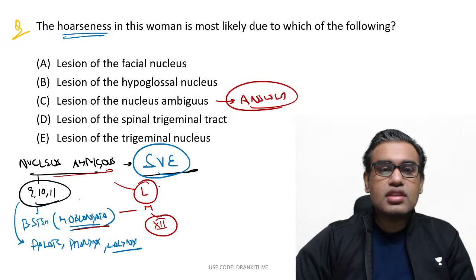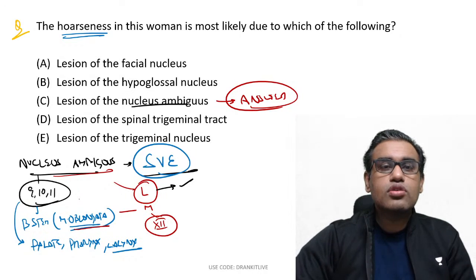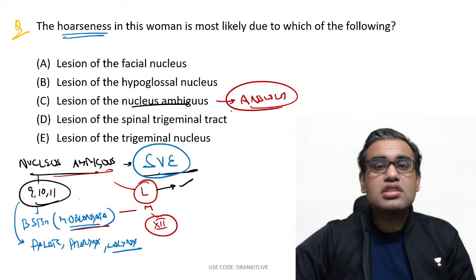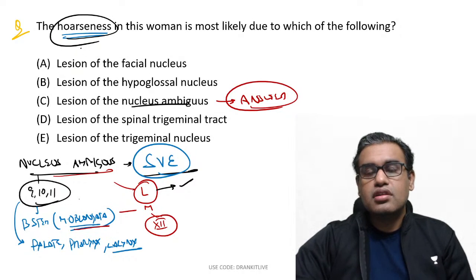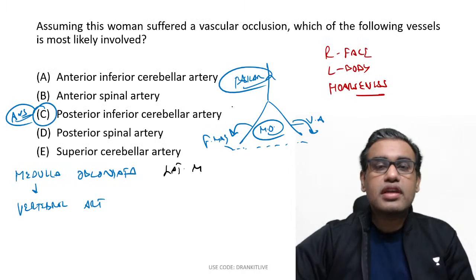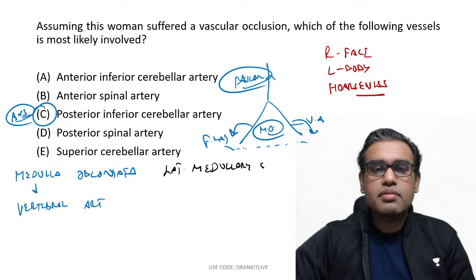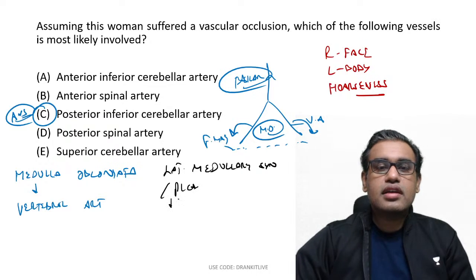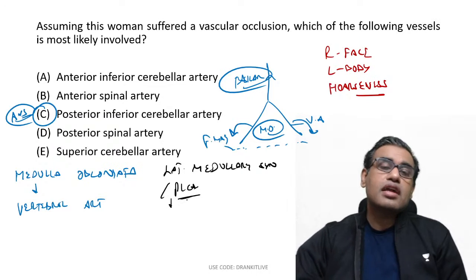We just discussed, where are these located? These are located on the lateral side of the medulla. Which nucleus? Nucleus ambiguus. Why lateral? Because she was having hoarseness in her voice also as a major symptom. So it was probably lateral medullary syndrome. Lateral medullary syndrome is also known as PICA syndrome, and it is due to the artery, that is obviously PICA, posterior inferior cerebellar artery.